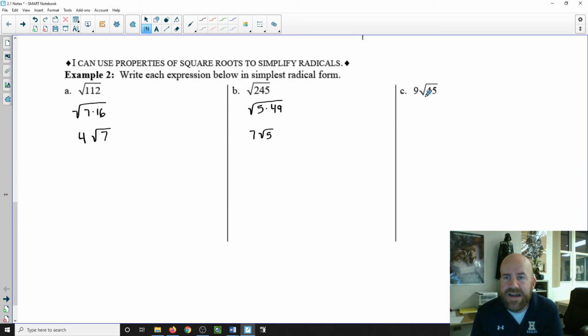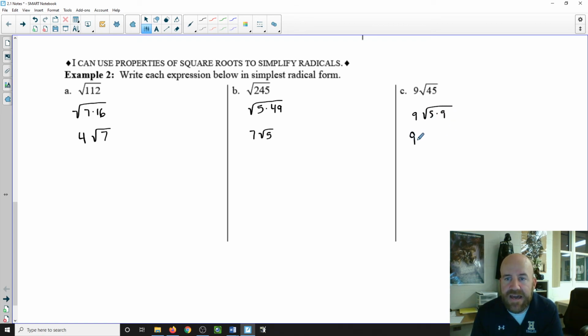And now we have 9 times the square root of 45, so 45 is 5 times 9. So square root of 5 times 9, and then we have that 9 outside. We know we can't do square root of 5, so that's going to stay. Square root of 9 is 3, so this is what we're doing.